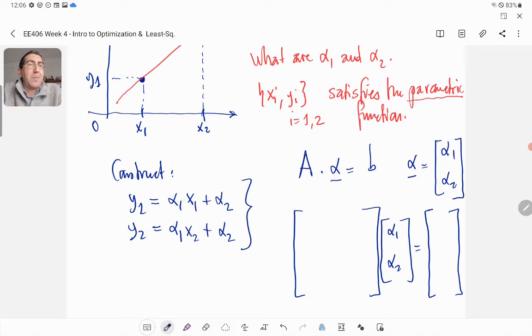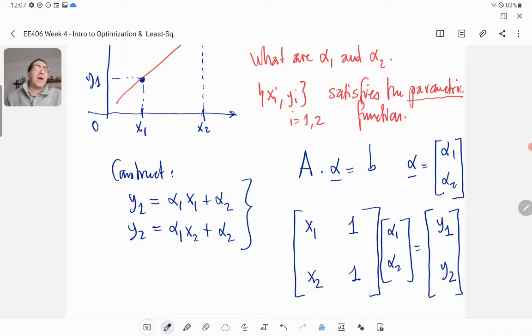Alpha 1 is multiplied by x1, and alpha 2 multiplies simply 1. And on the other side you just have the y data point, y1. Similarly, in the second equation, alpha 1 multiplies x2, alpha 2 multiplies 1, and you have y2 over here.